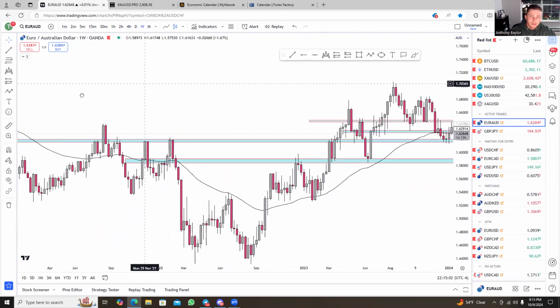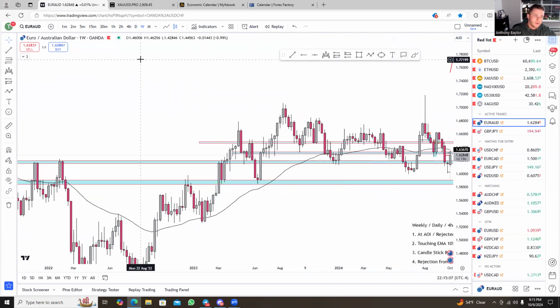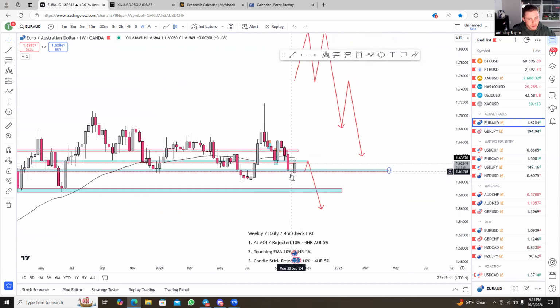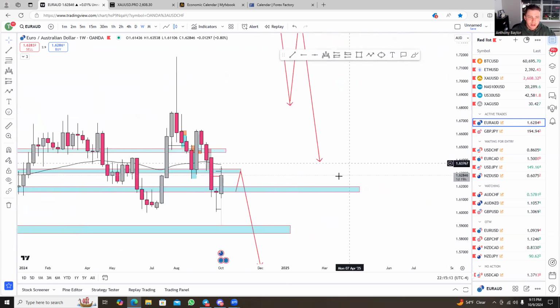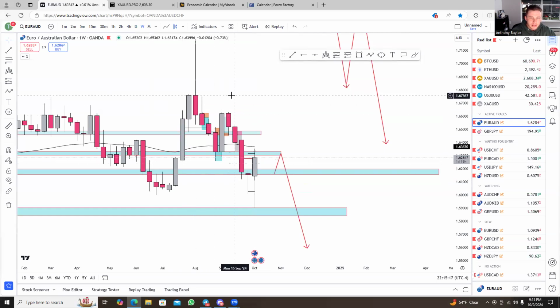Why do I use, and then how do I use these things? Well, obviously, I look for a weekly head and shoulders. I see a weekly head and shoulders formation, or why did I take sales on Euro AUD? Well, look at that. What is that? A huge double top formation.